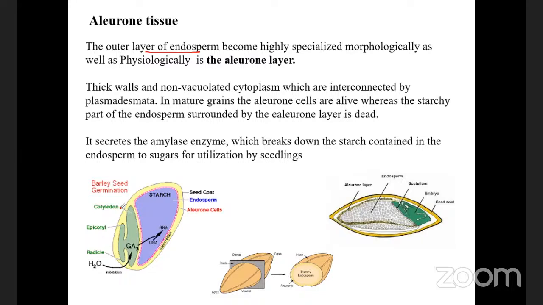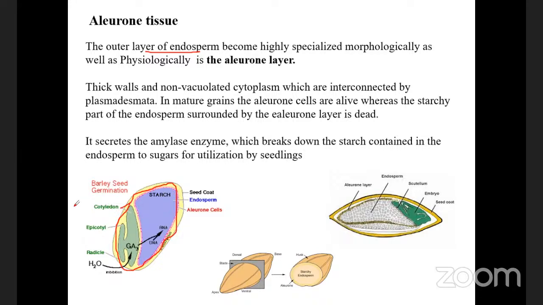The outer layer of the endosperm, we call it the aleurone layer. It is a rich proteinaceous layer, and it will be useful for the stimulation, for the activation of the enzymes, especially it has the amylase enzyme.